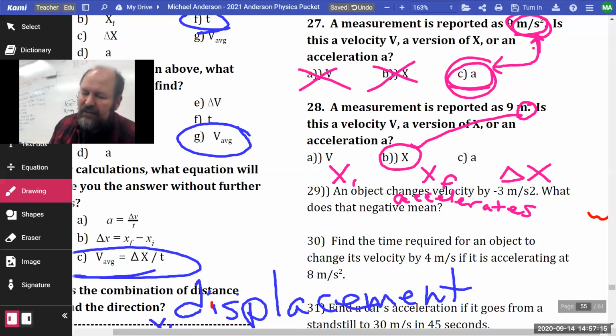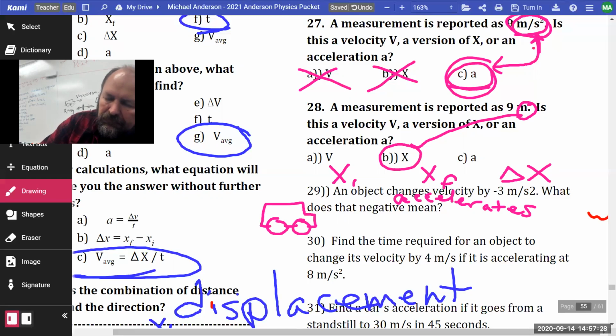It accelerates at -3 meters per second squared. What does this negative mean? It means that the car is being pushed to the left.